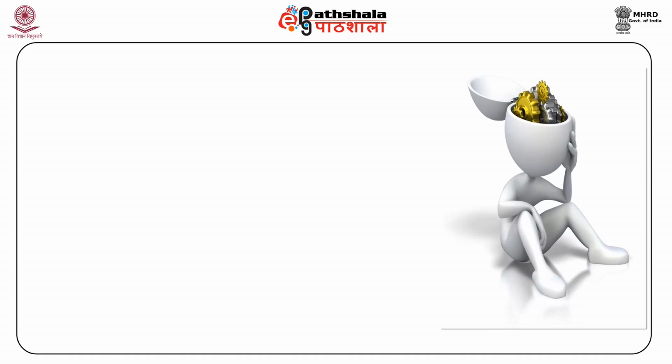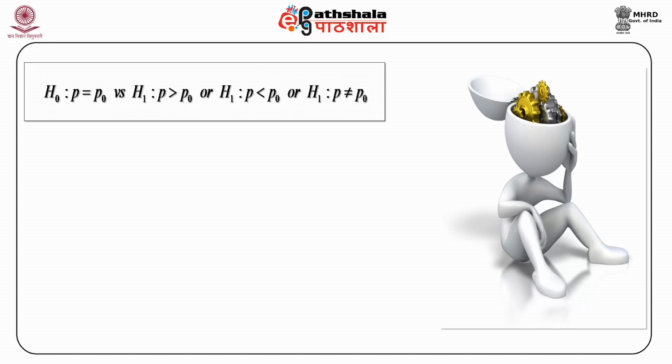Next, we will discuss the test for proportion. When testing the hypothesis H naught: P equal to P naught versus the alternative P greater than P naught, or P less than P naught, or P not equal to P naught, we need to use different test statistics for large samples and small samples.